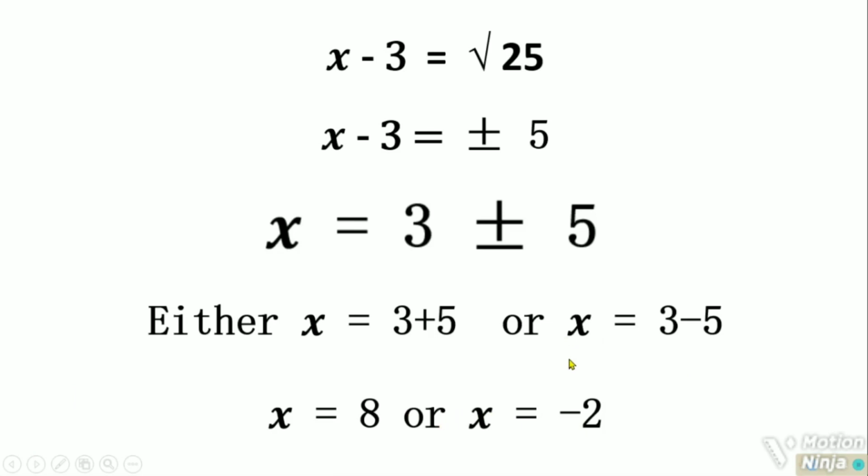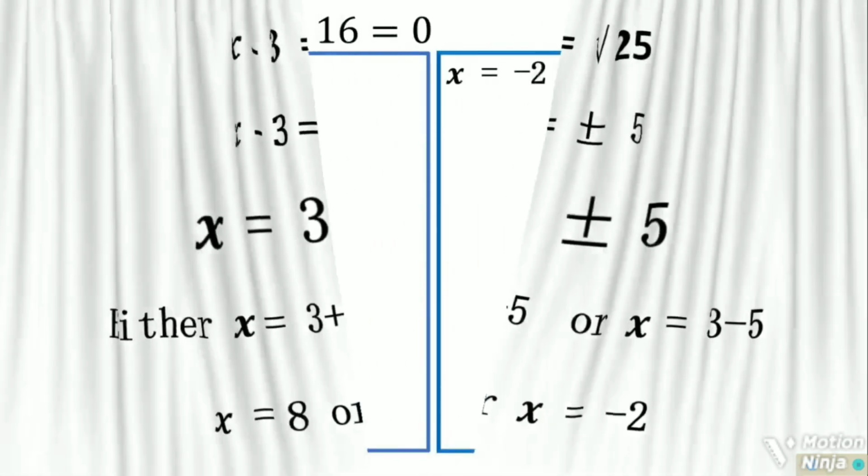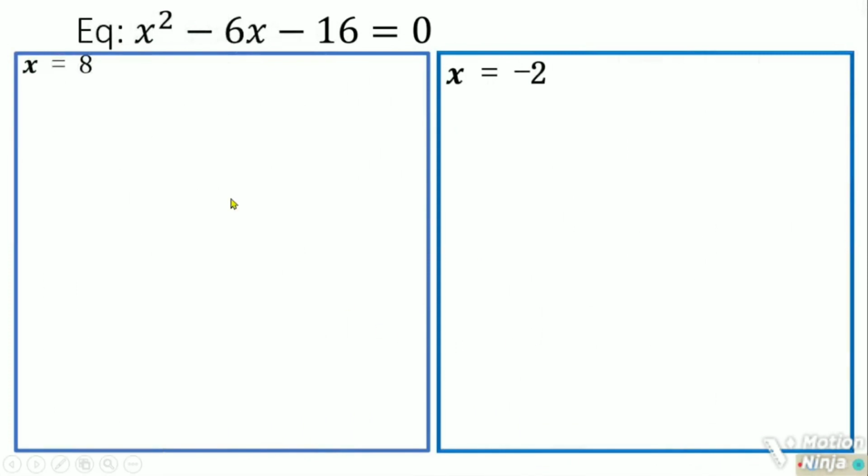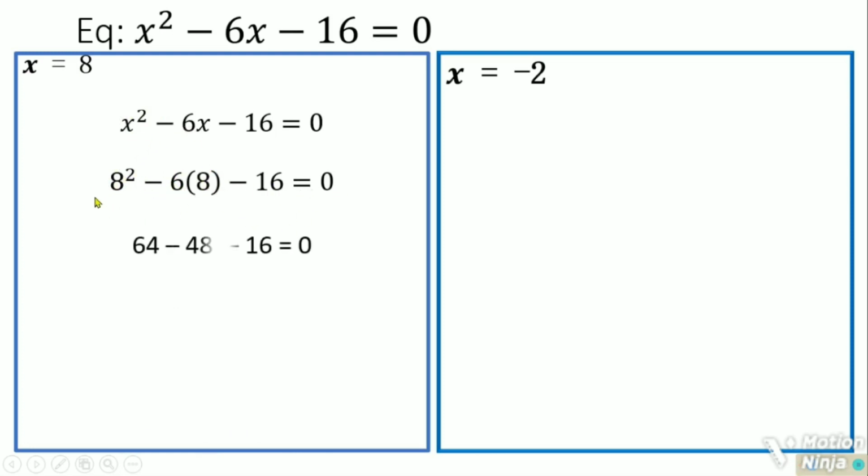This is the end of our equation. Let us check for correctness. So here we have the given equation, and we are starting with x is equal to 8. In the place of x, we are substituting 8. This will be 8 squared minus 6 times 8 minus 16, which should be equal to 0. 8 squared is equal to 64, minus 6 times 8 is 48, minus 16, which should be equal to 0.